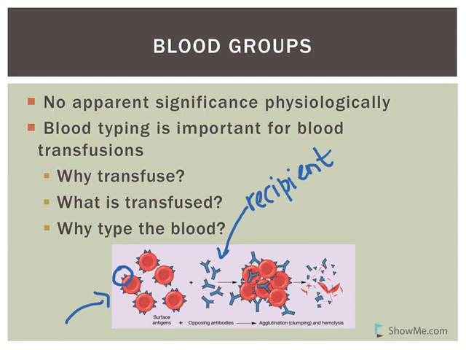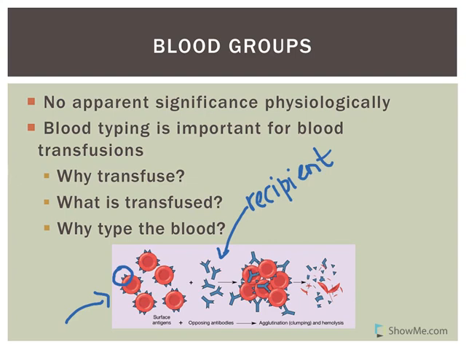So agglutination is where the red blood cells will clump together, and when they clump together, they're going to weaken. They can hemolyze, and as they hemolyze, they're going to block capillaries and impair a person's ability to get blood flow to certain organs, and also the hemolysis of the blood cells will lead to a lack of oxygen carrying capacity in their blood.